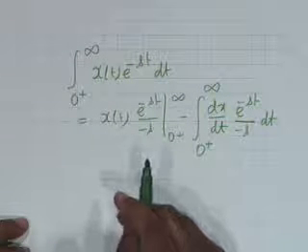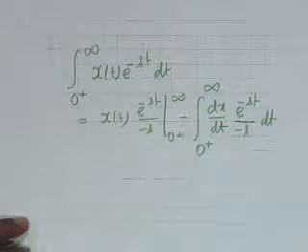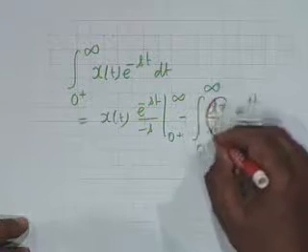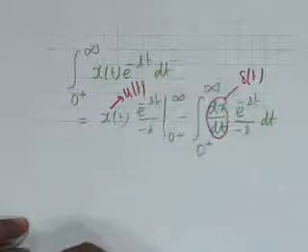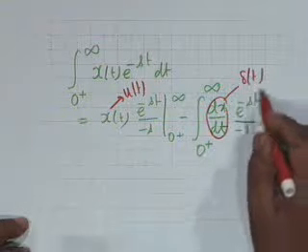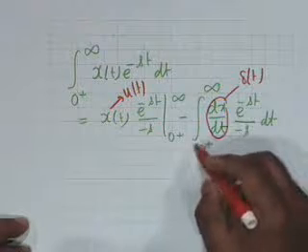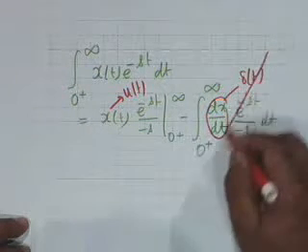And you see the fallacy: when x of t is u of t, then dx dt is delta t, and integral delta t dt from 0 plus to infinity goes to 0.